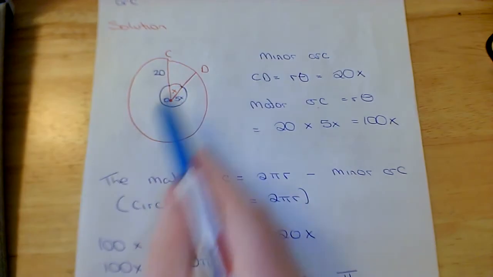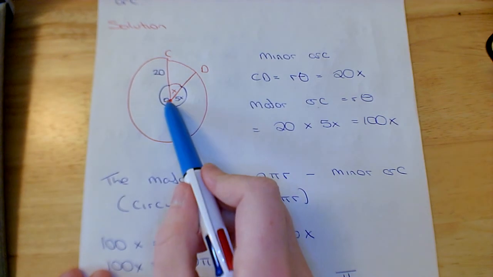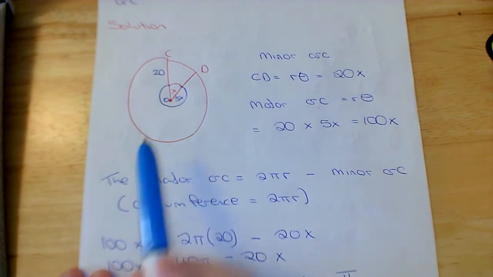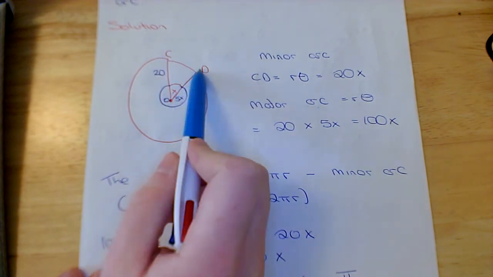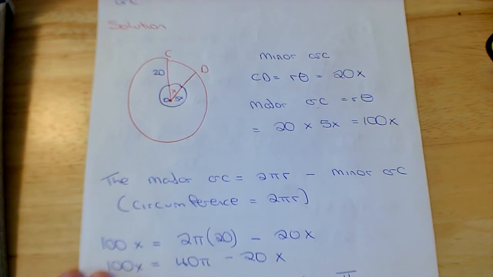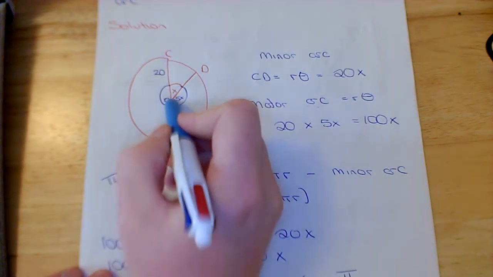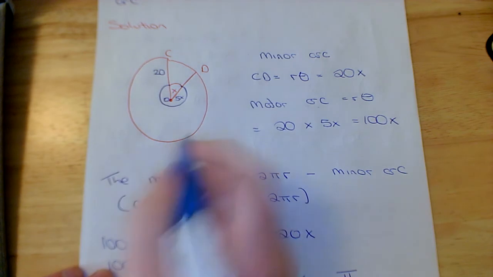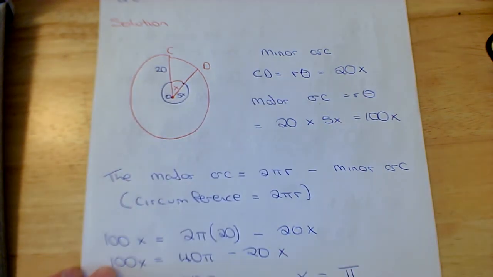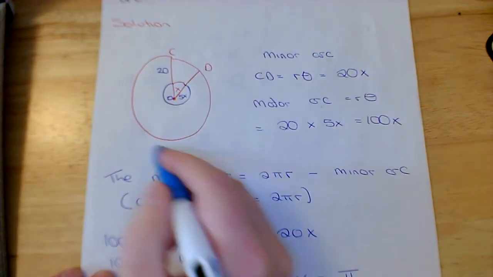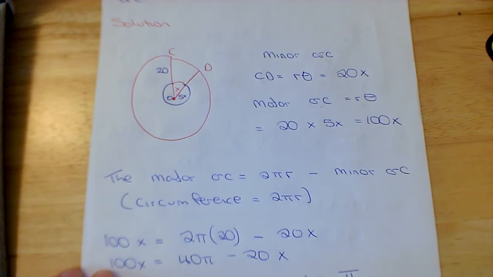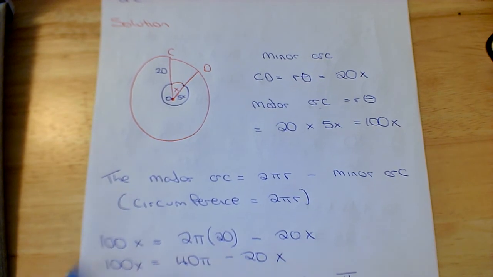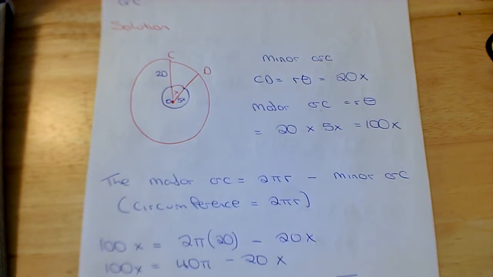Just drawing out a diagram here. So this is my circle, centre is O. My minor arc CD, my small arc CD, we're told that it has a radius of 20, so this is my radius of 20, and we're also told that it creates an angle of x. Then I'm told that my major arc, which is all out here, subtends an angle of 5x.